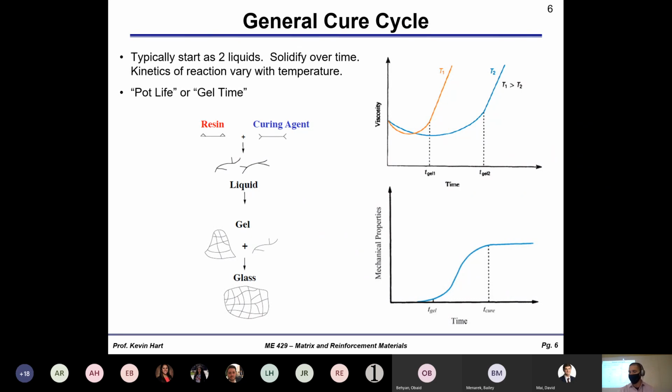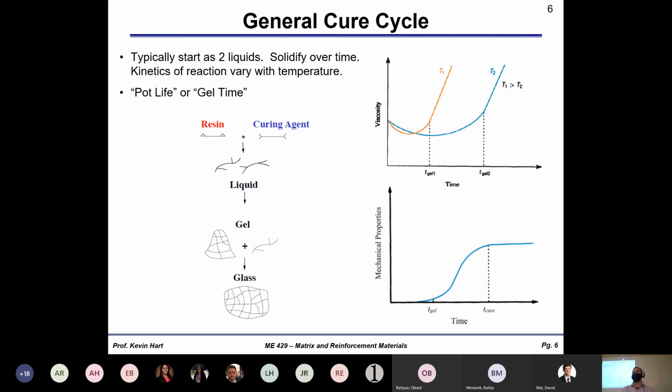So what's happening there is you've got these liquid components, and they're all mingling together in this liquid space, and they will eventually cross-link with each other and turn into this gel material, and then eventually they'll have this glassy behavior as all the cross-links form and come together. So the amount of time that it takes to go from your liquid components to a semi-solid state where you can no longer manufacture with that particular piece anymore is what we call the gel time, or the pot life, or the working time.